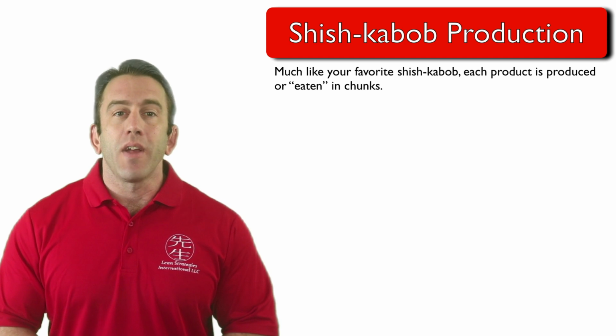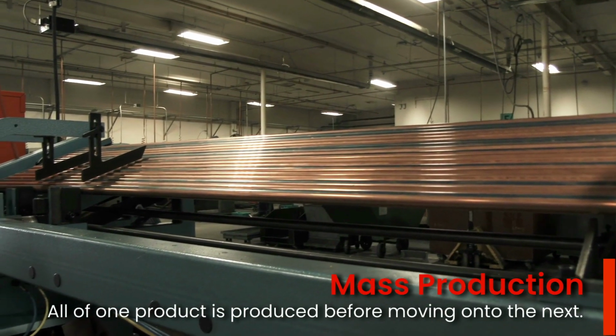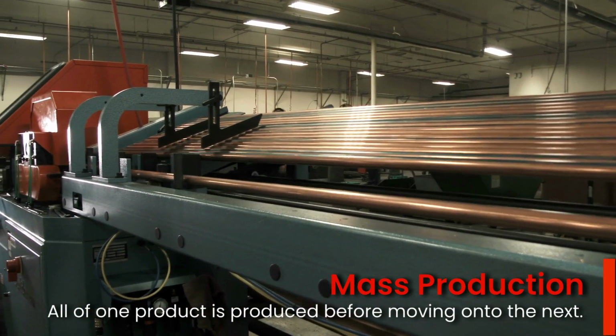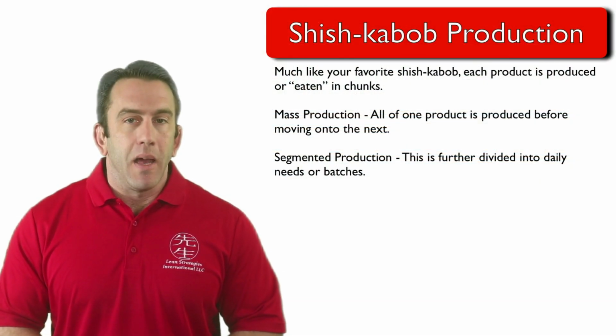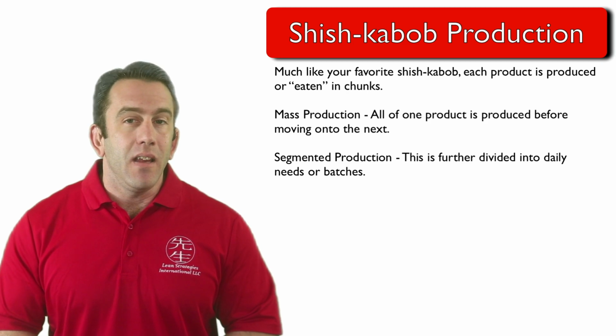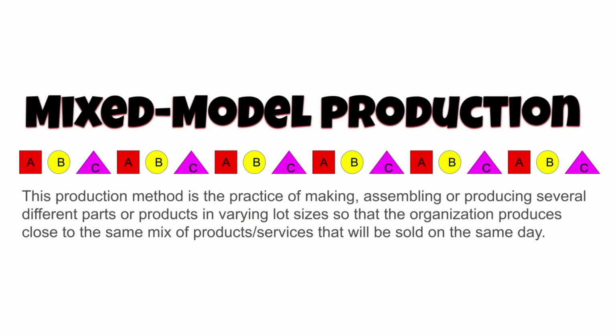There are 3 different types of shish kebab production. Mass production, this is where all of one product is produced before moving on to the next. Then the next type is segmented production. This is further divided into daily needs or batches, and finally, mixed modal production.